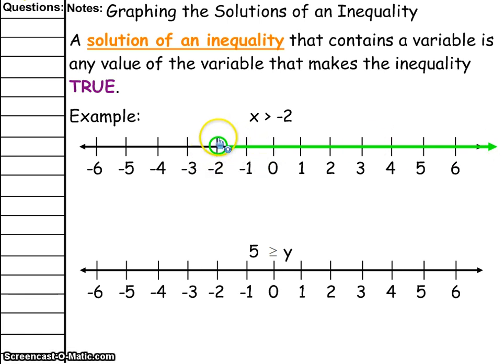This open circle tells us that we're not including negative 2. That negative 2 is not a solution. But everything else that we shade in on our number line is a possible solution. So this is what the graph would look like for x is greater than negative 2.